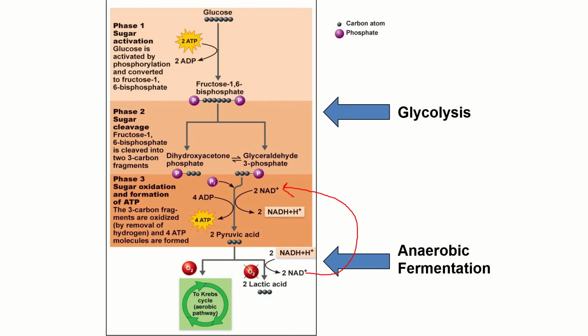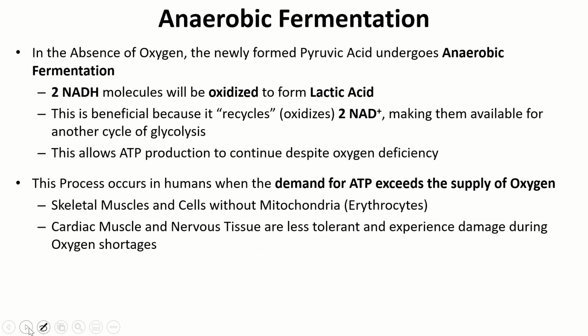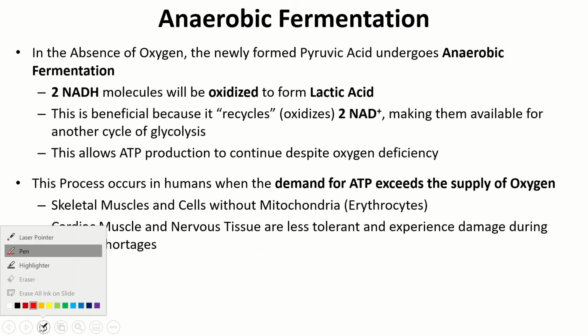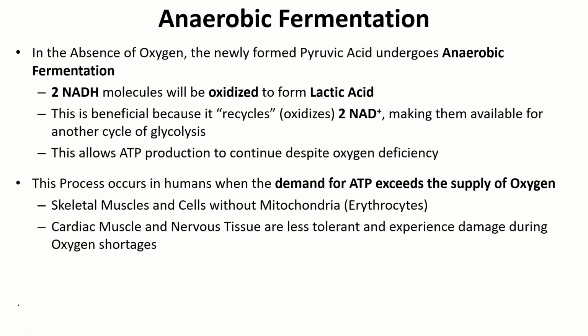Because the idea here is if you start to run out of this oxidized coenzyme, you can no longer allow glycolysis to proceed as needed. And so by recycling that molecule, you allow it to continue until the body no longer needs the process to run.